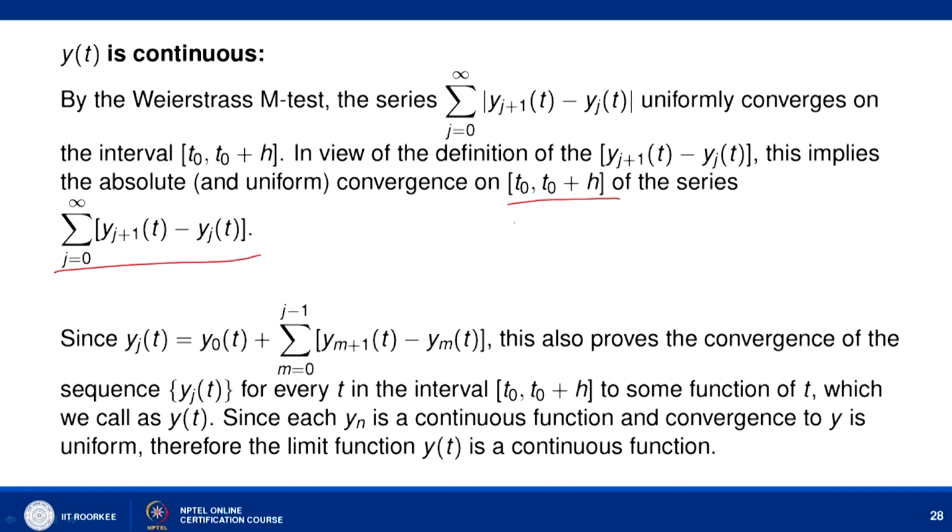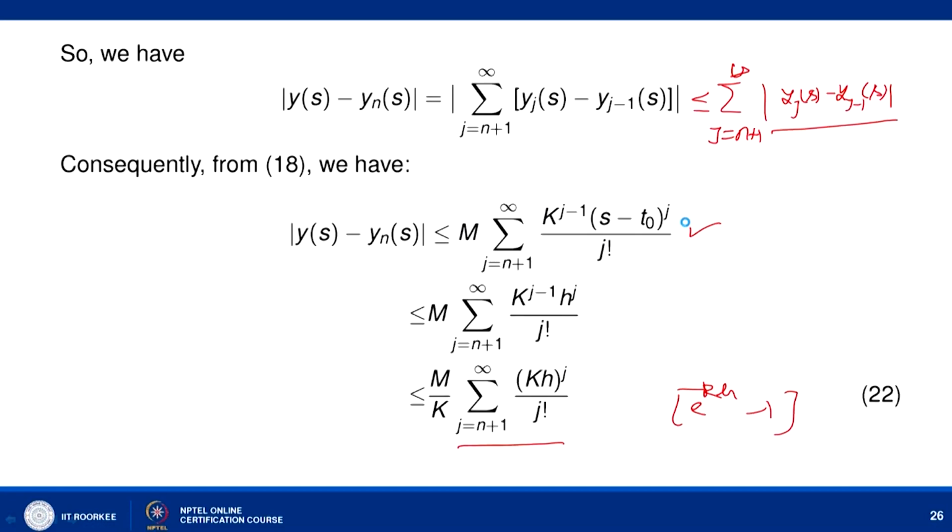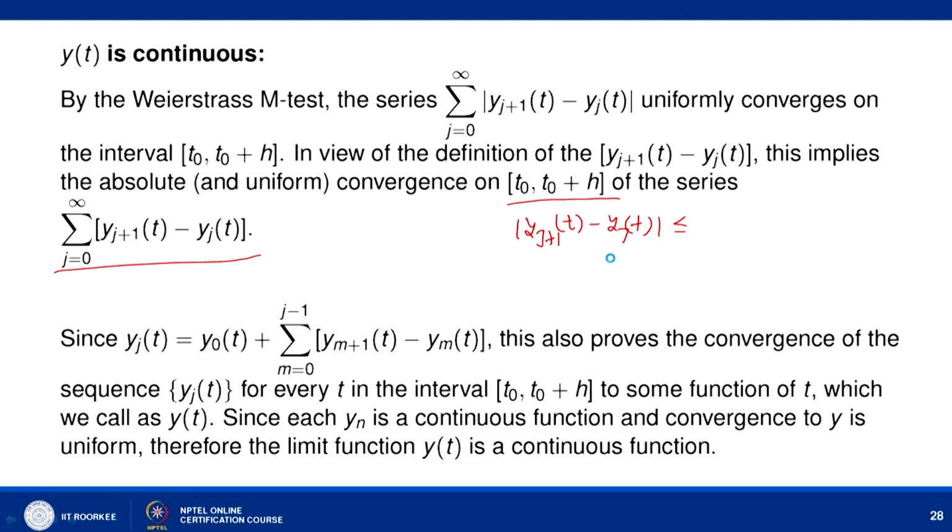Modulus of yj plus 1 t minus yjt is bounded by K^(j-1) (s minus t naught)^j upon factorial j, which is bounded by K^j h^(j-1) upon factorial j minus 1.